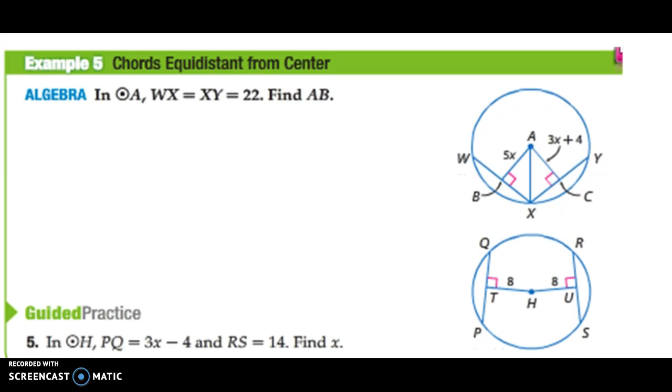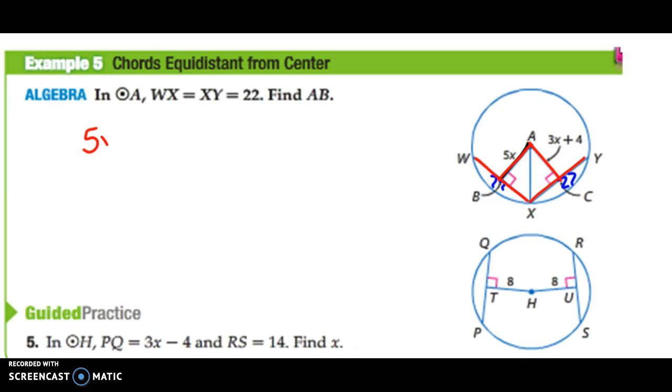So example 5. It says, in circle A, WX is equal to XY, which is equal to 22. Okay, so both of these are going to be 22 in length. Find the length of AB right here. Okay? Those are going to be the same. Alright, so we need to find that right there. The first thing we're going to do is, we just said in theorem 10.5 that if these two lengths right here are the same, then these two lengths right here have to be equidistant as well.